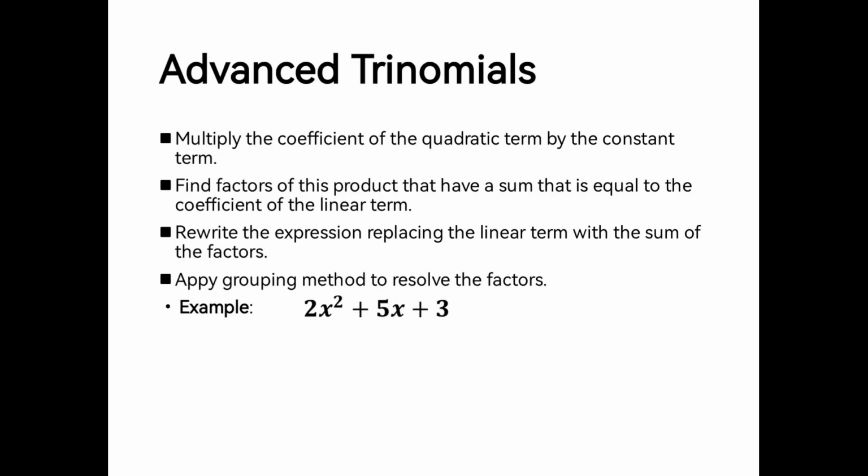Now we are in a position to analyze the final method, which is the advanced trinomials. Why we say it's advanced is because of the coefficient in front of x squared. If this coefficient is not 1, then it requires us to utilize this method. We take the coefficient of the quadratic term and multiply it with the constant.